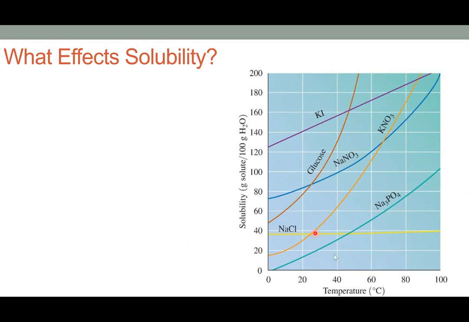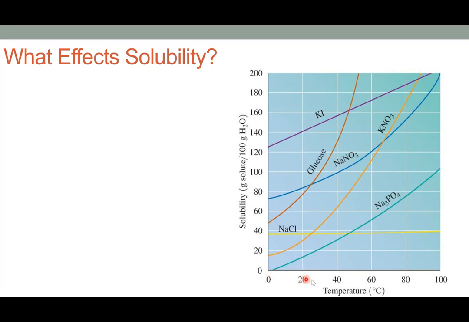So on this graph, we see down here as we move from left to right, the temperature increases. And as we move from the bottom to the top, our solubility increases. So the amount that it can hold in solution increases.